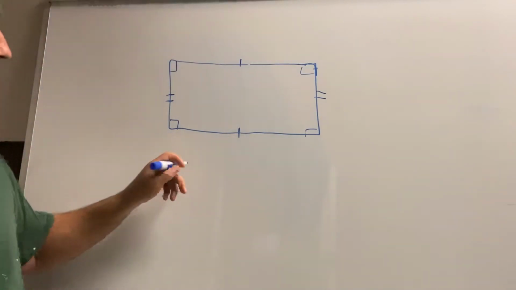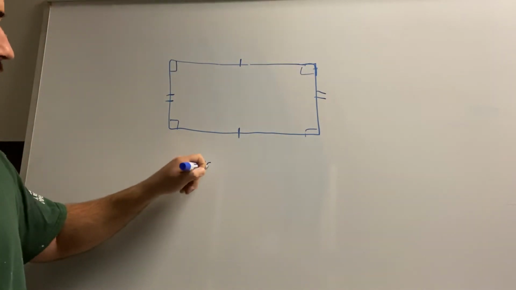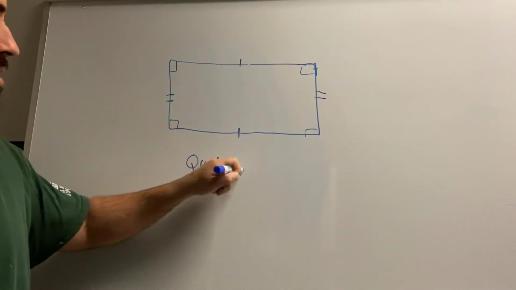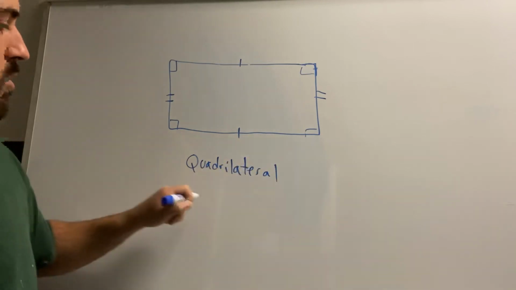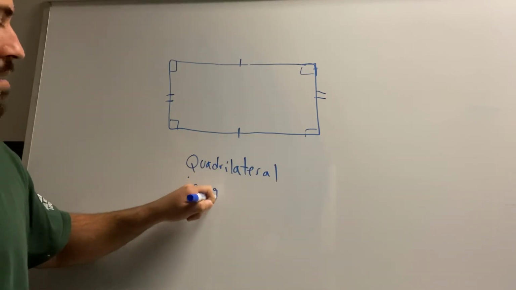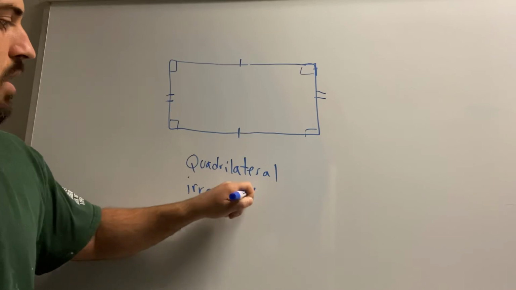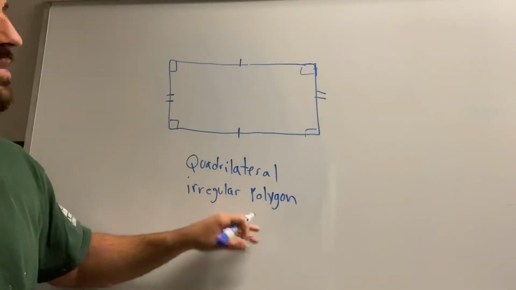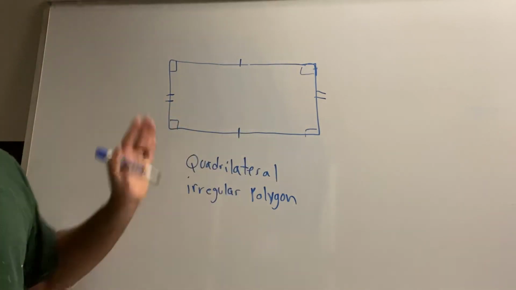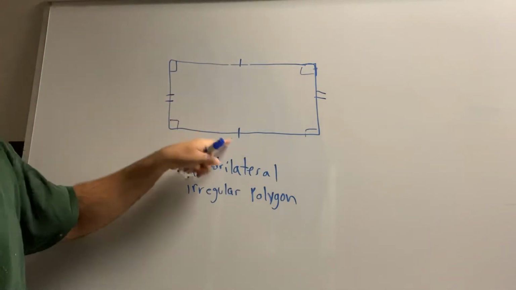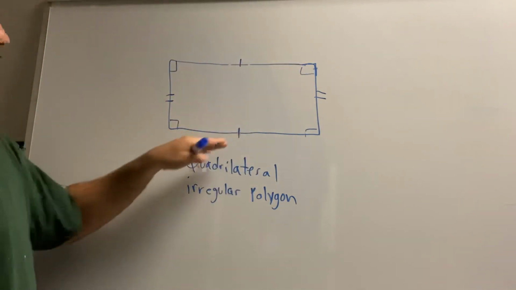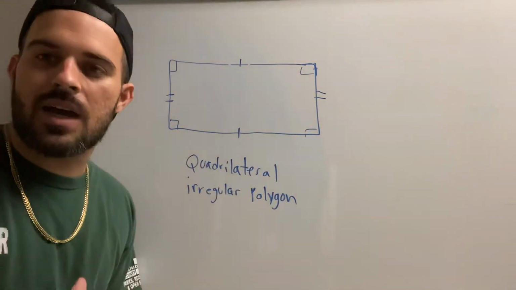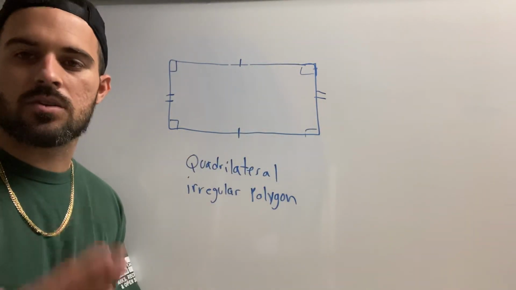Okay, so this would be considered a quadrilateral, and it would be considered an irregular polygon. So once again, it is considered irregular because even though all angles are the same and it does look symmetrical, notice that these lines are longer than these lines. So since all these sides are not congruent, it would be considered irregular.